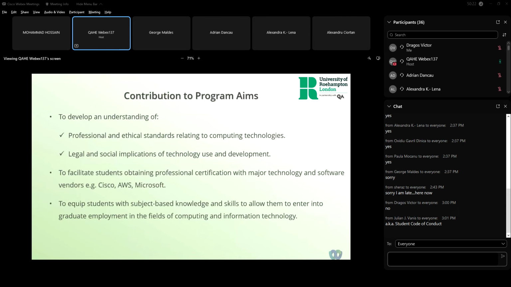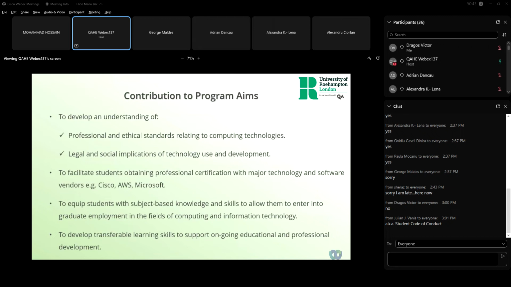Then we have subject-based knowledge and skills to enable you to enter into graduate employment in relevant fields and also enhance your transferable learning skills, right? And support ongoing educational and professional development.